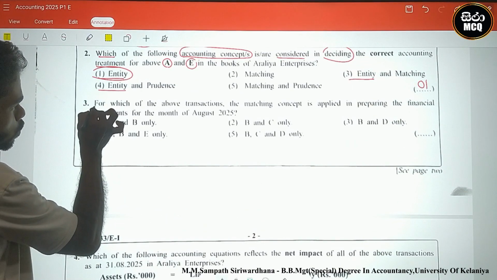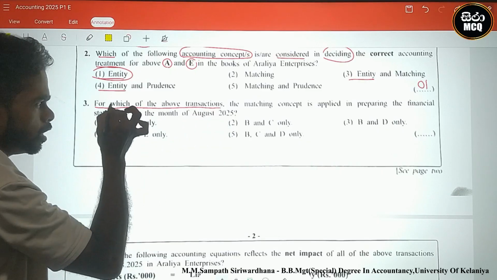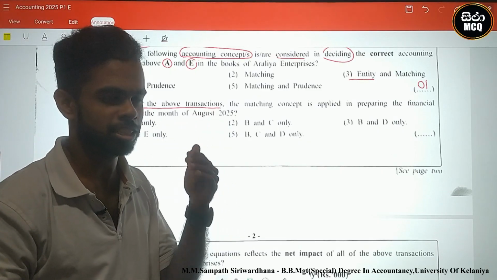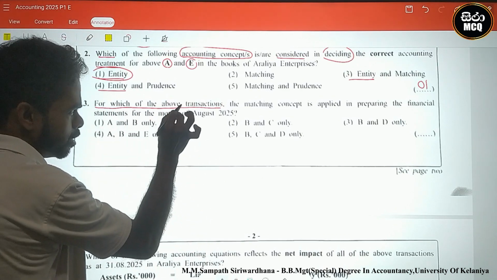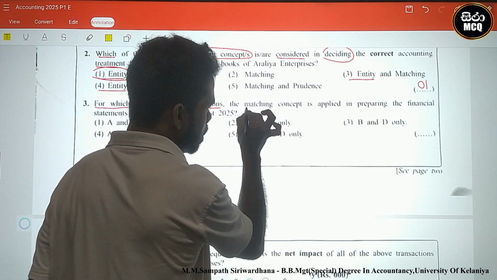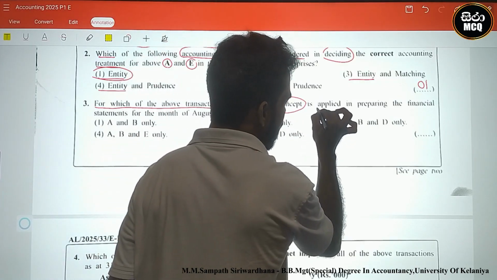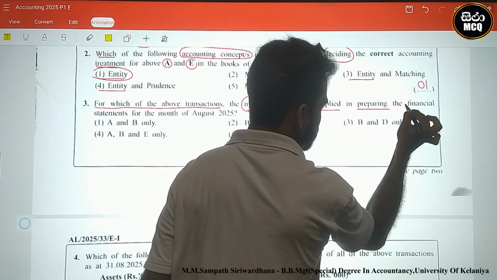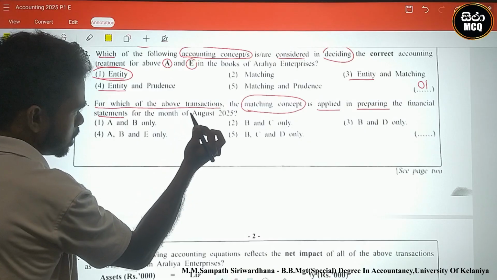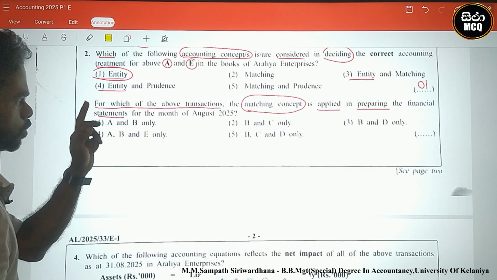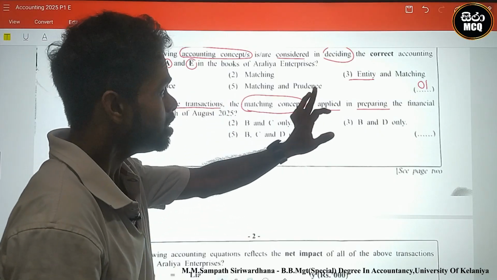For which of the above transactions is the matching concept applied in the preparation of financial statements for the month of August 2025?